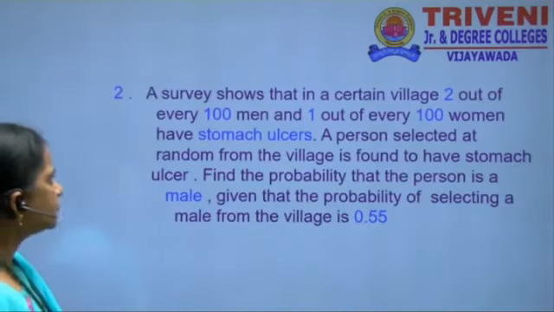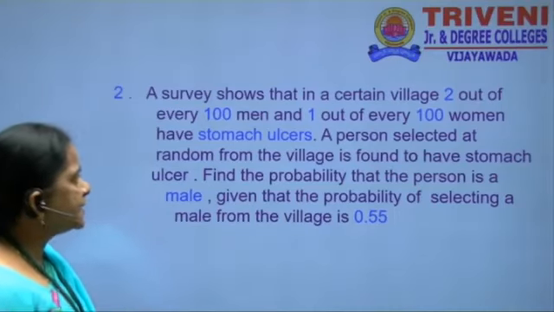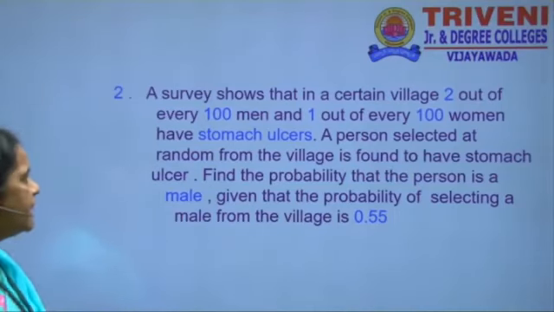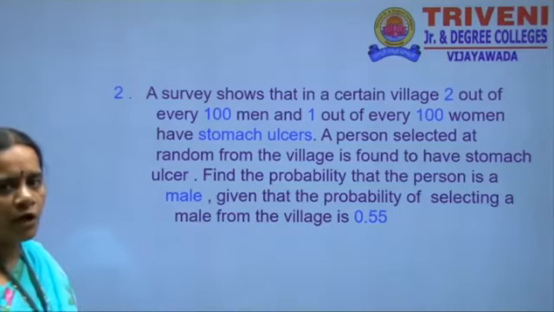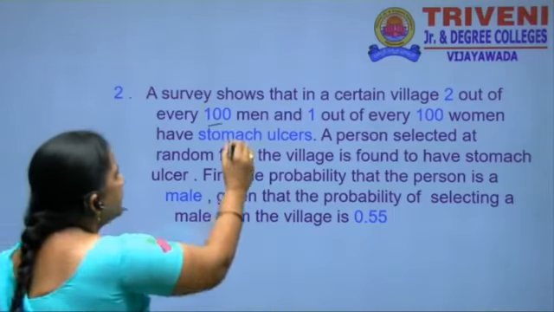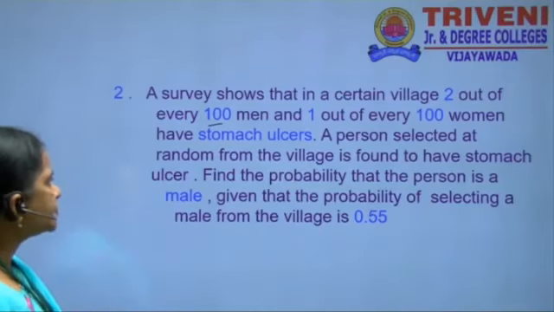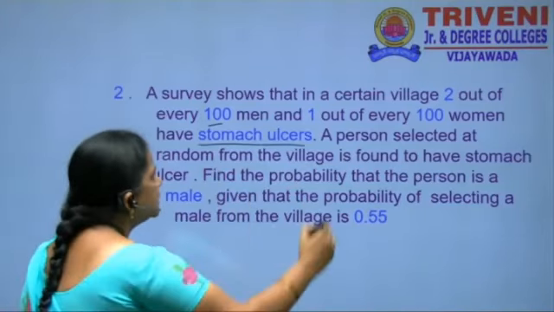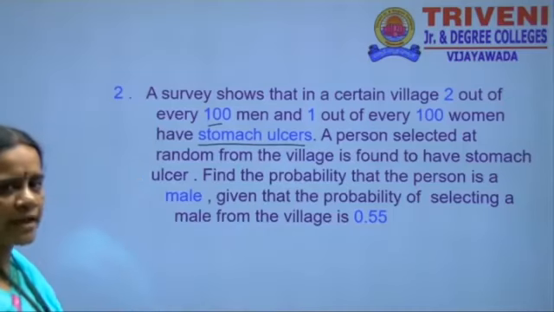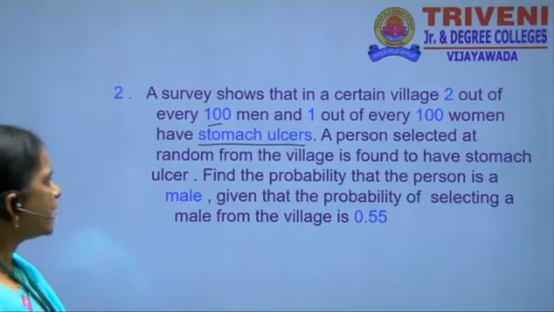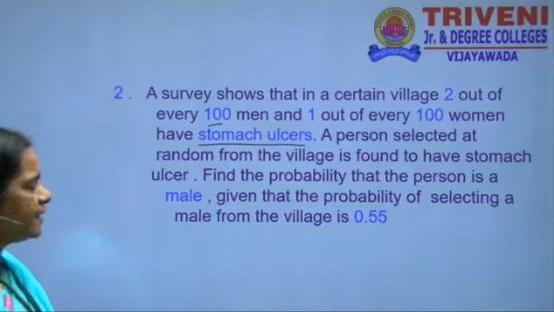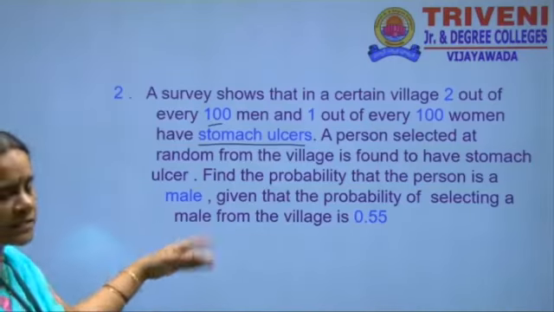A survey shows that in a certain village, 2 out of every 100 men and 1 out of every 100 women have stomach ulcers. Out of 100 men, 2 members have stomach ulcers, and out of 100 women, one member suffers from stomach ulcers.